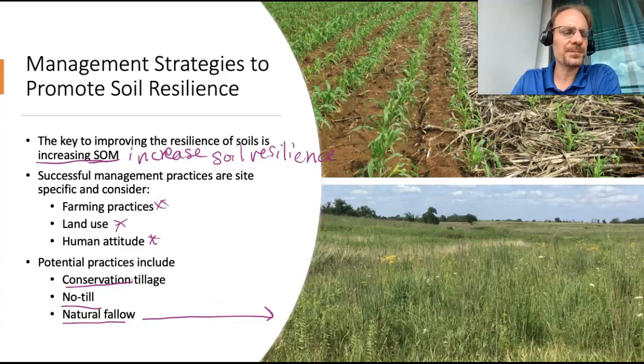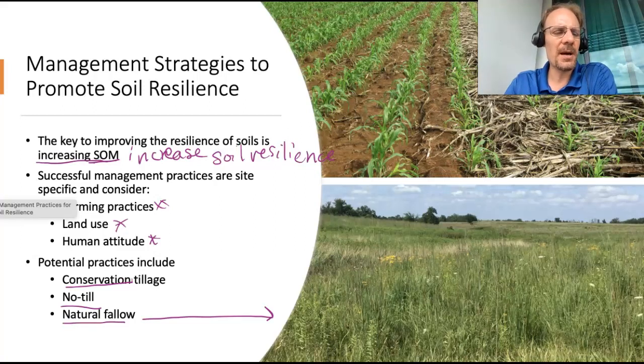I have 3 management practices as examples. 2 of them come from Brazil on soils similar to those in Cambodia, and a 3rd example from Bangladesh. The first practice will be conservation tillage, followed by crop rotation, and then finally natural fallow.